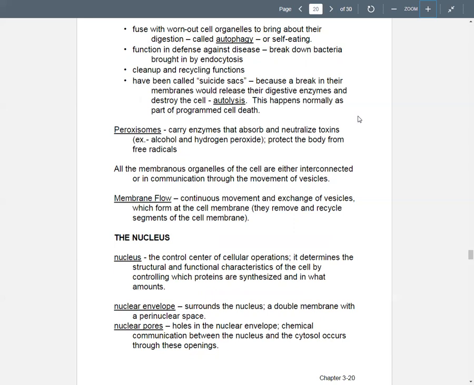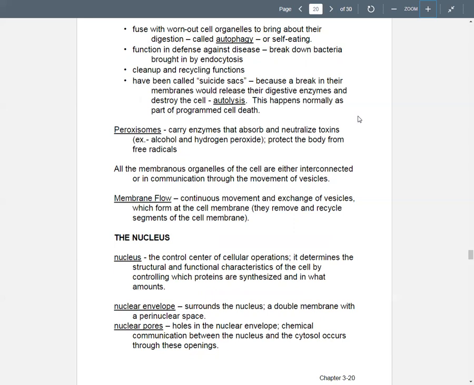So, small point here, organelles have a certain shelf life. Okay, so they don't last forever. Sometimes they get worn out and they have to be degraded. And the process and the parts can be reused. All right. Lysosomes can also help you with immunity.